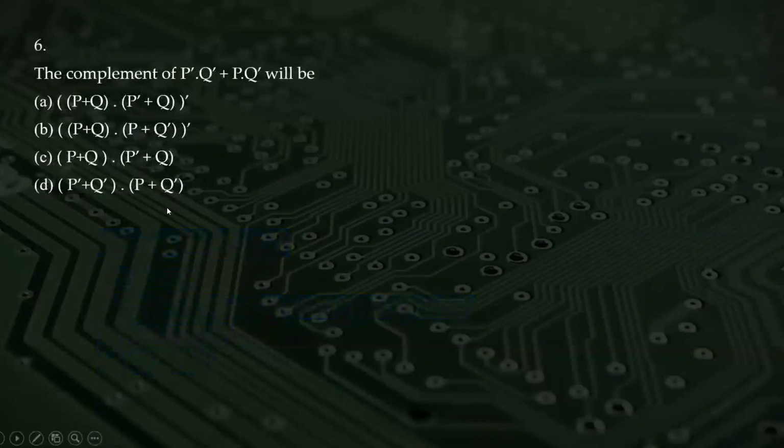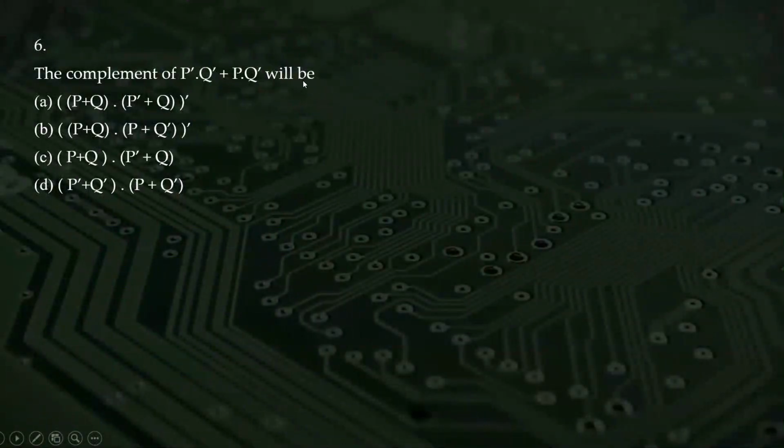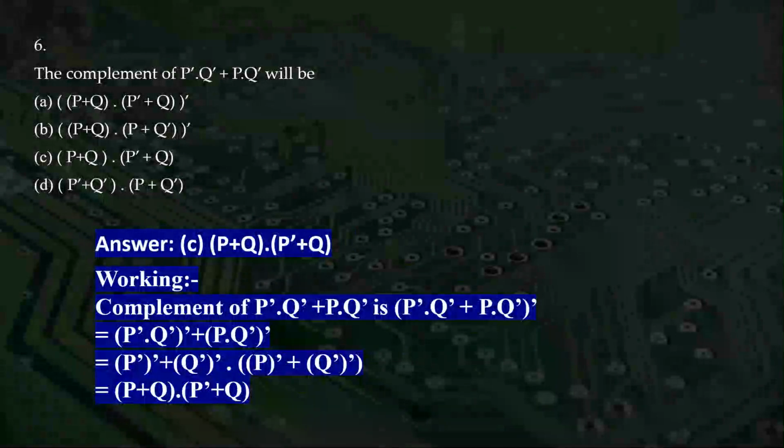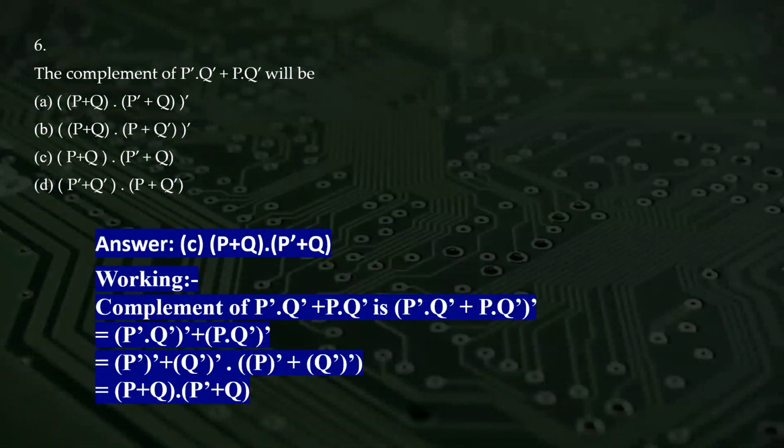Next question. The complement of P bar dot Q bar plus P dot Q bar will be, let's see the answer, P plus Q dot within bracket P bar plus Q. So let's go through the working. Again, here we are applying De Morgan's law.